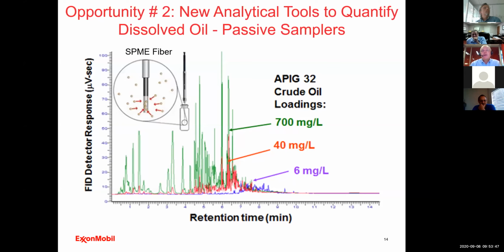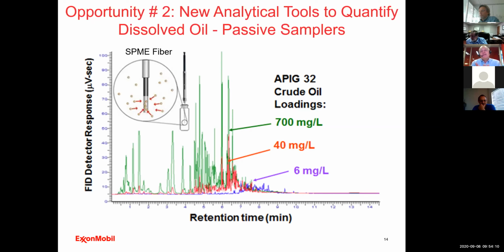But as you increase the loading, you dissolve more of those water-soluble components into the water, and you pick that up on the fiber. And then as you go to much higher loadings, more and more of those water-soluble components are dissolving. So essentially, as you increase the loading, you fill the chromatogram up to the left.